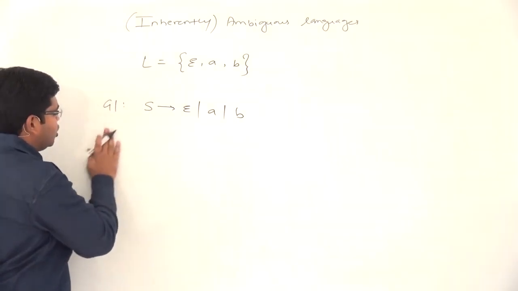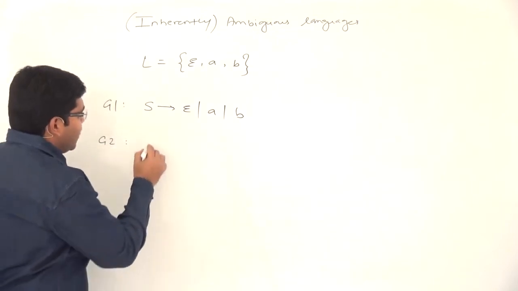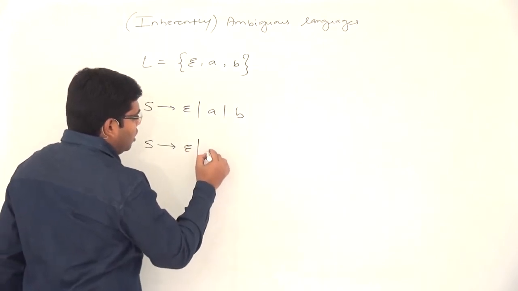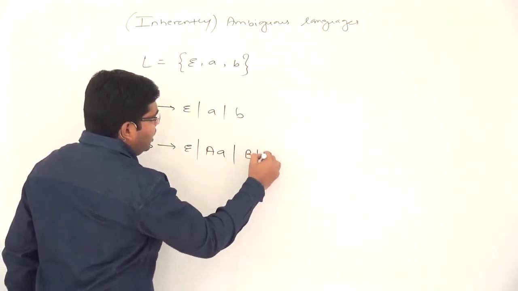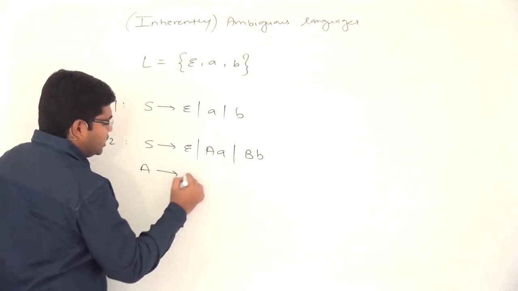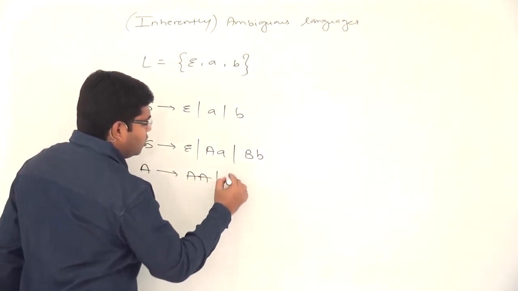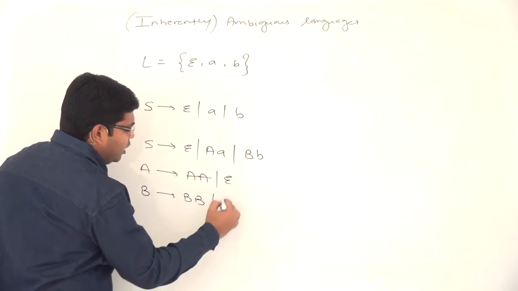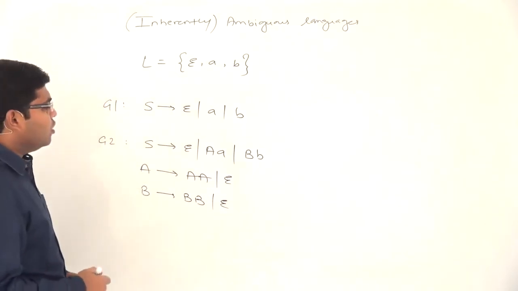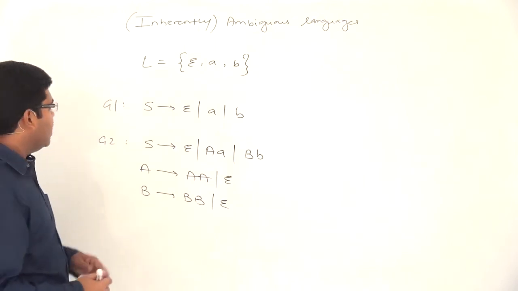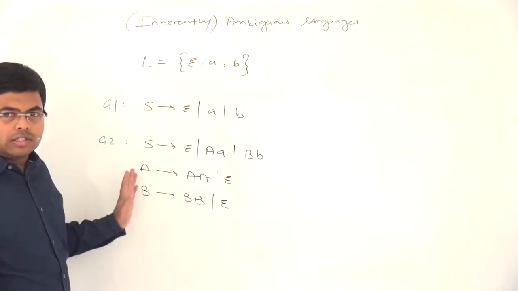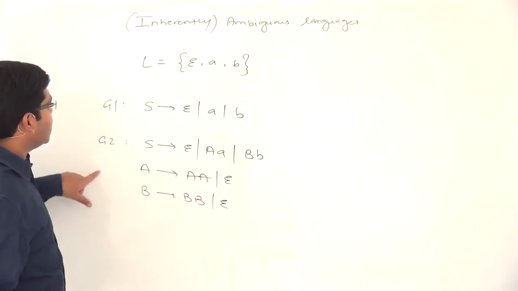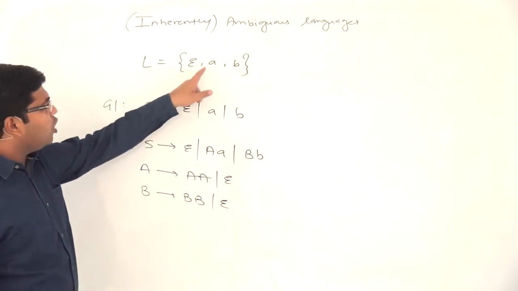Another grammar that we can write down is S produces epsilon or A or B, then A produces a or epsilon, and B produces b or epsilon. You should appreciate the fact that these two grammars are different, obviously they are not the same. And the language represented by both grammars is L, that is, either epsilon or a or b.